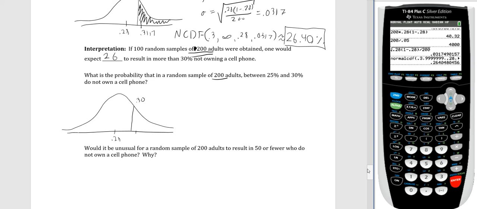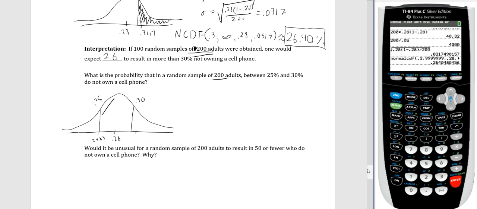However, 25, that's below 0.28, and the standard deviation is about 3% as well, so it's almost one standard deviation away, just a little bit off of that. So one standard deviation away would be 0.2483-ish. And so 25% would be around there.